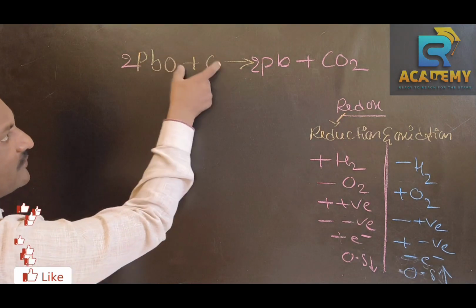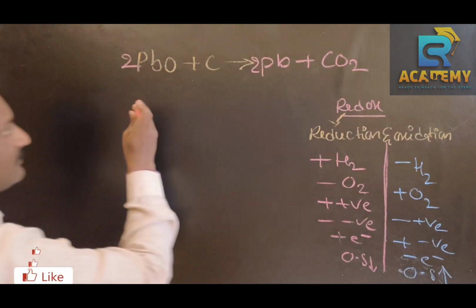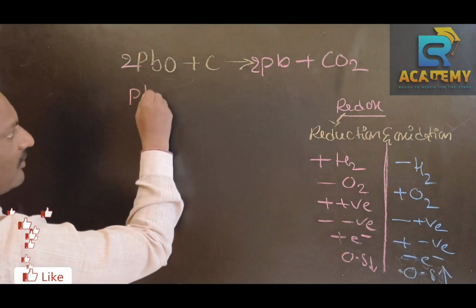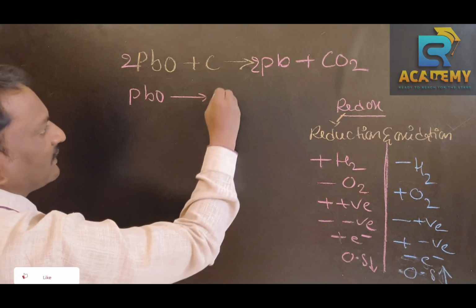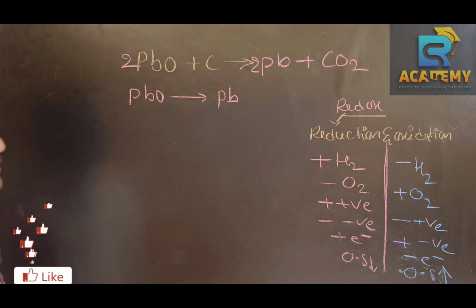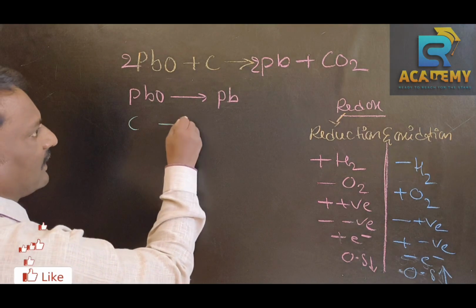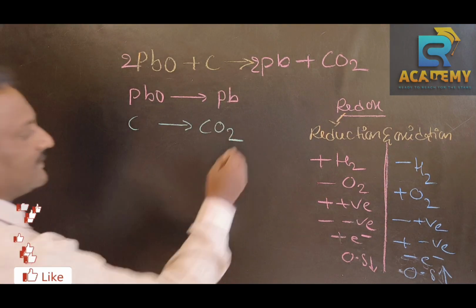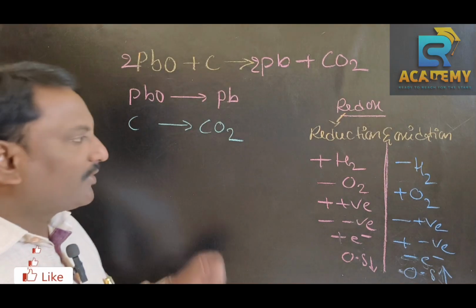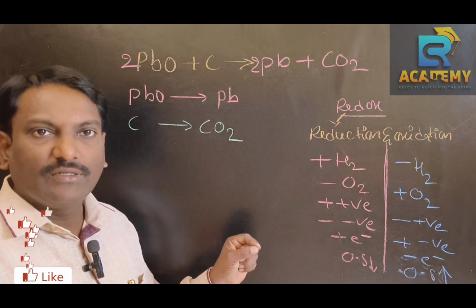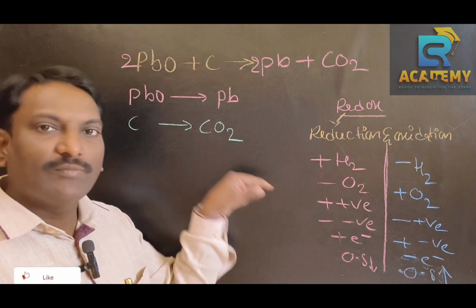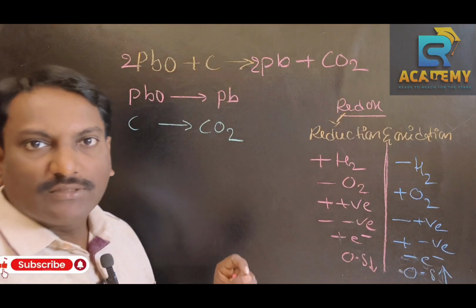Let us compare these with the table. Here, lead oxide after reaction became lead. Carbon converted into carbon dioxide. Listen carefully. I am not giving the answer to the given question, but I am explaining the concept behind the answer.